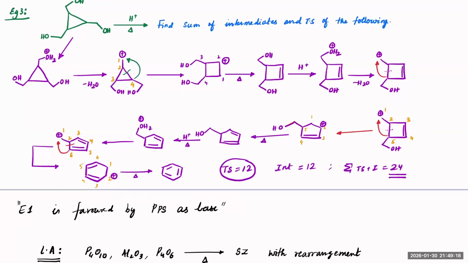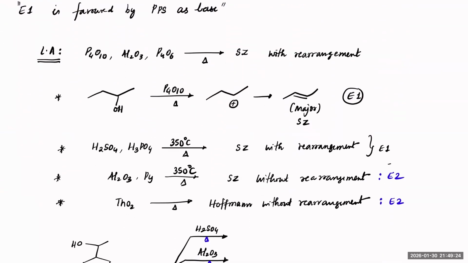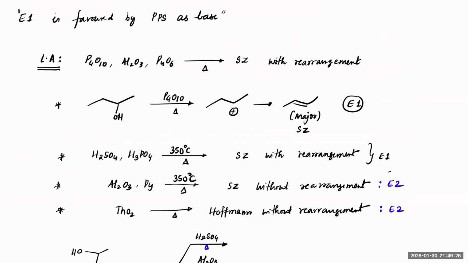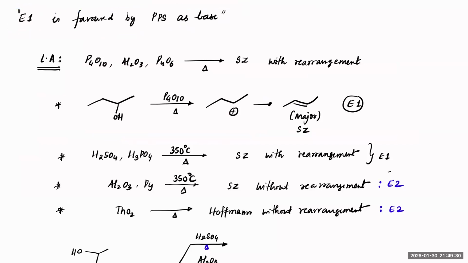E1, E2, E1-CB, Ei, and where they are occurring, what are the cases. Notice, to generalize this, you know that when it comes to E1, E1 is usually favorable by polar protic solvent as a base.